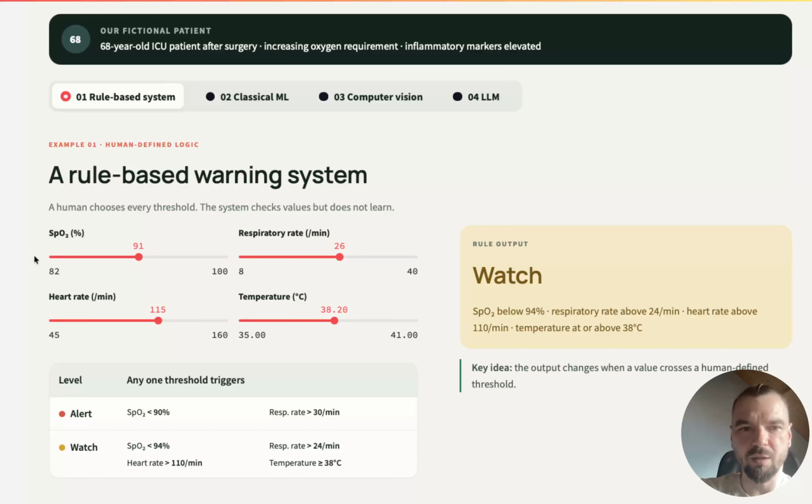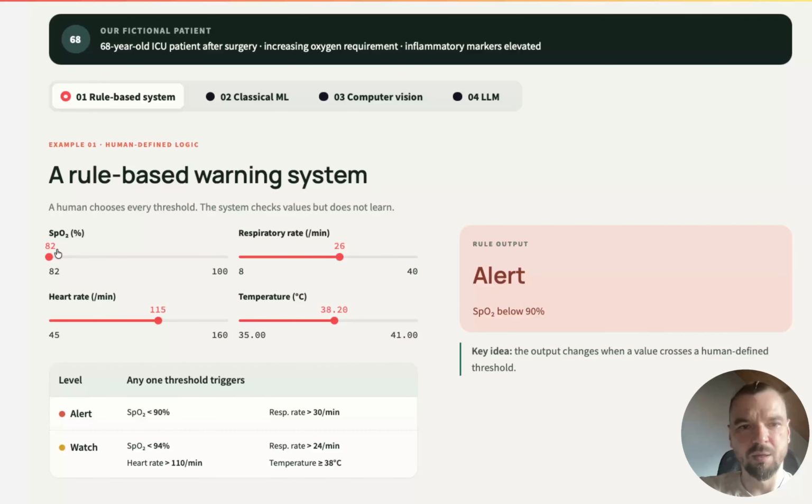For example, trigger an alarm only when the patient has SpO2 below 85, or heart rate of 140. Usually we understand it's actually too late, and it can lead to prolonged length of stay, or deterioration. It's something that we usually want to avoid.